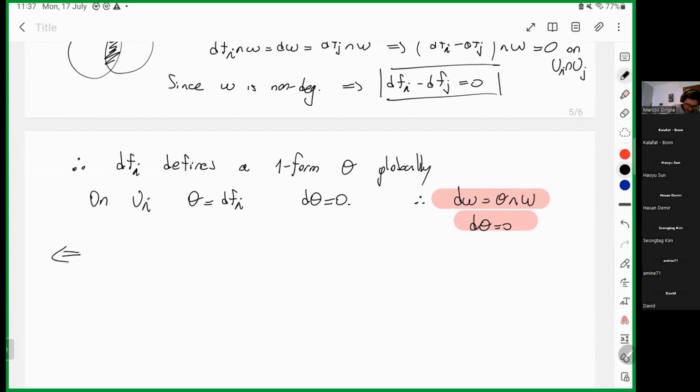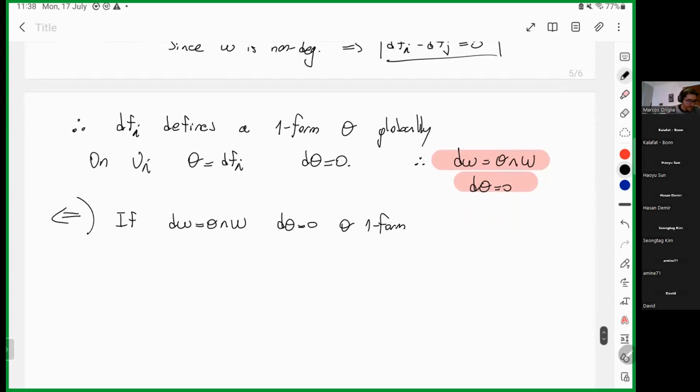And to prove the other direction, this is very short. If you already have this condition for a closed one form θ and ω, of course, the fundamental form, what we can see is that by the Poincaré lemma, θ has to be locally exact. So θ has to be dφ for some function.